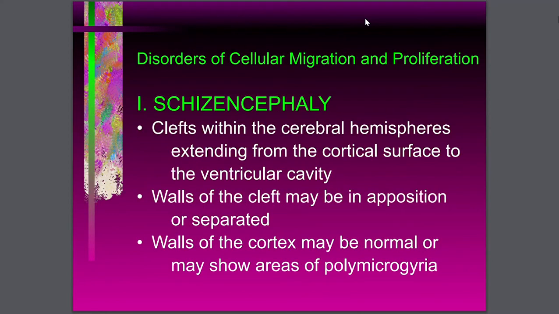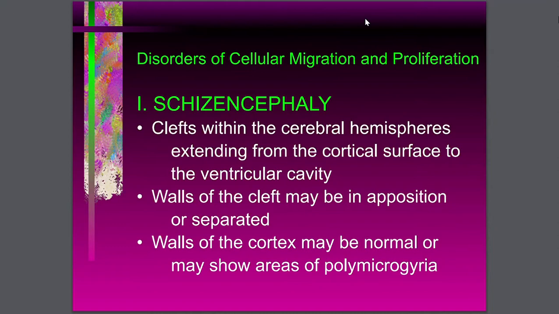So one disorder of cellular migration and proliferation is schizencephaly, no? So for example, your patient has presented with seizures and some facial abnormalities. So you are thinking of a possible schizencephaly.